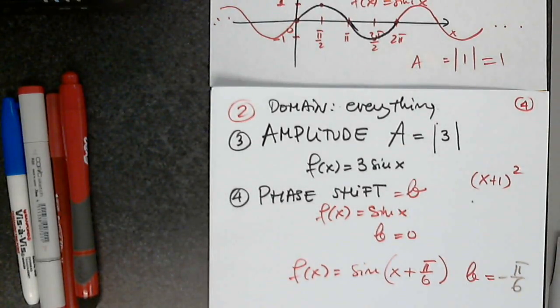Now I would like to graph the other one that we said has a phase shift of -pi/6 to the left. But I have to adjust my viewing window, right? I have to include a little piece on the left.